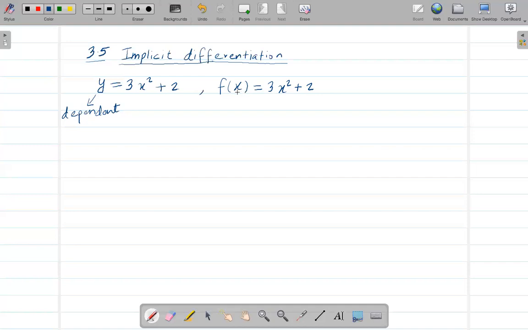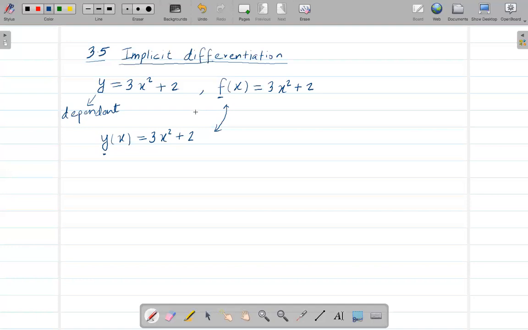So instead of writing like this, I can also write y of x is equal to 3x squared plus 2. So basically these two are the same thing, because instead of f, I have y, it's just the name of the function, right?